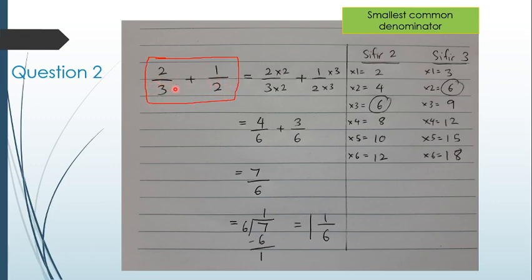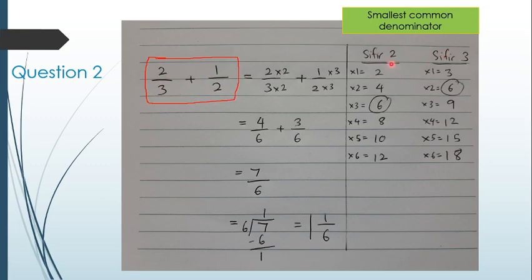Is it the same or different? No, it is not the same. This is 3, this is 2. So when it's not the same, you have to change it. You have to do something so that the denominator will be the same.